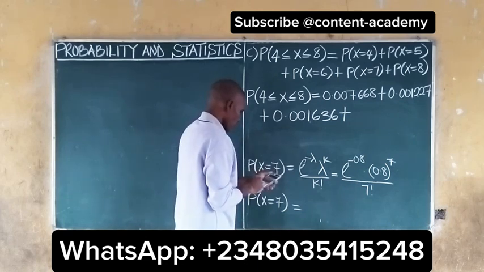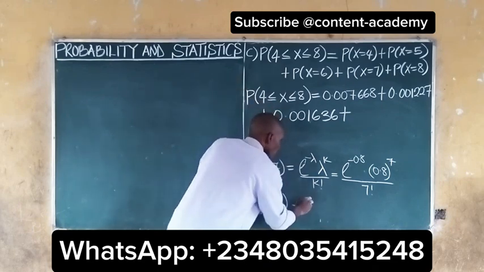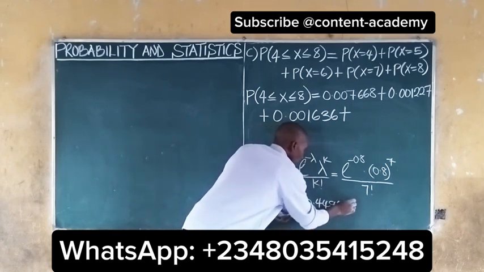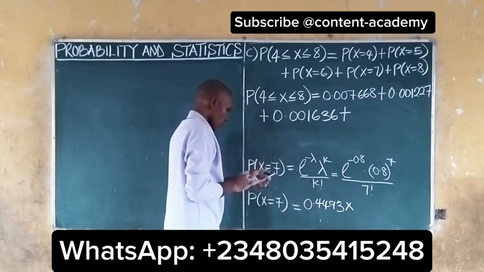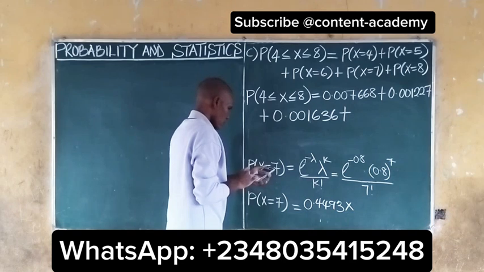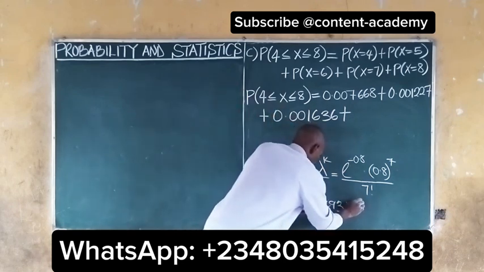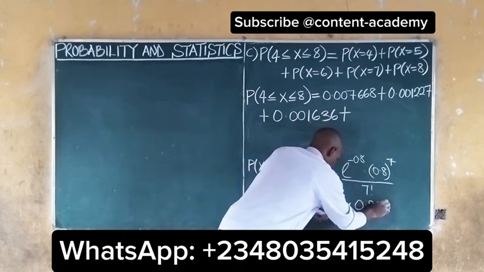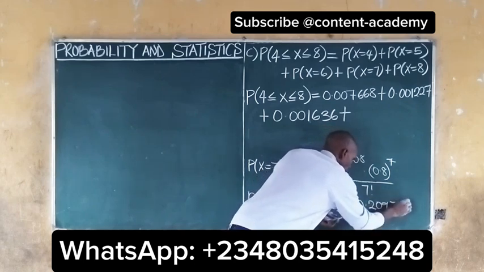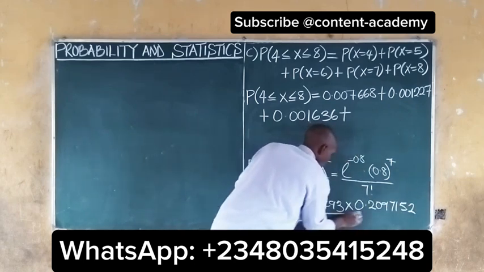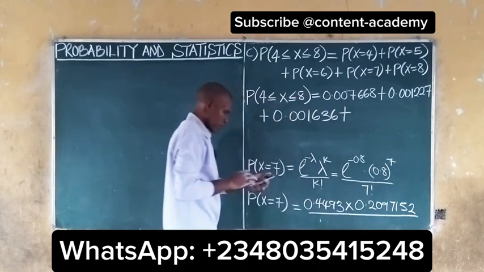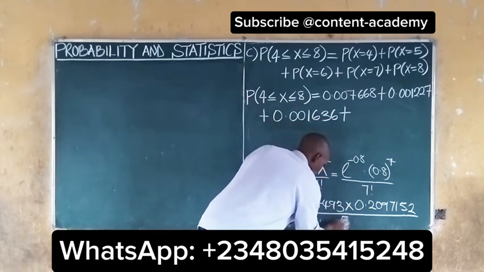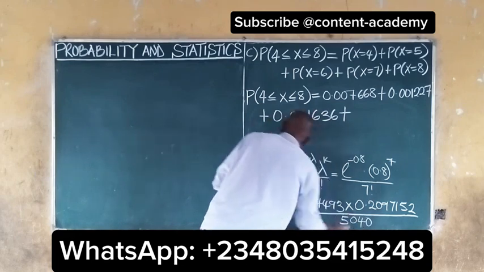exponential negative 0.8. We have this to be 0.4493 multiplied by 0.8 raised to the power of 7, which is 0.2097152 all over 7 factorial. 7 factorial is 5040.